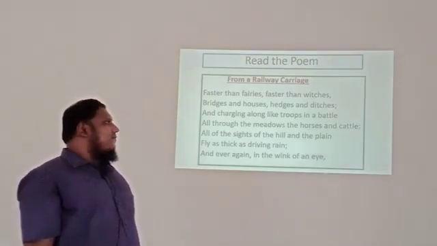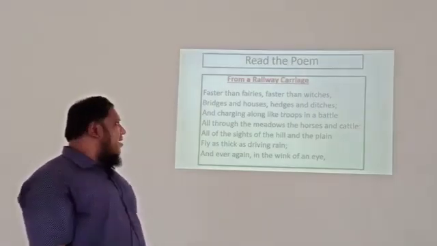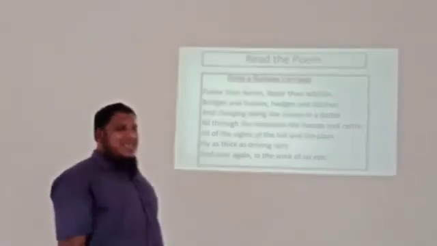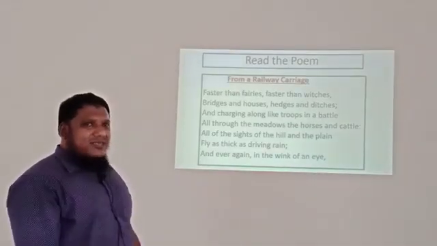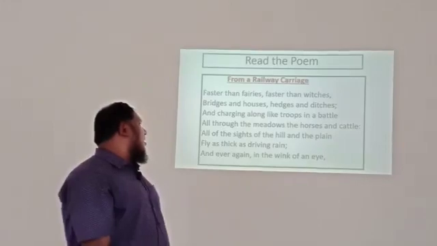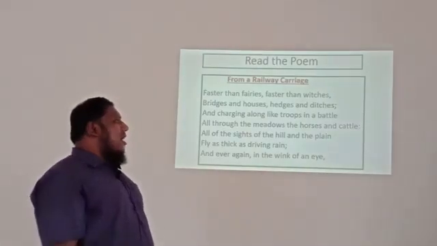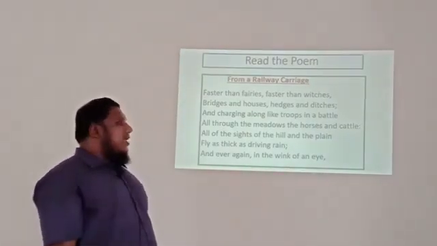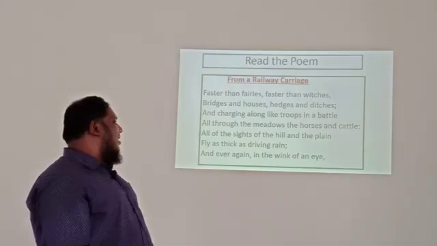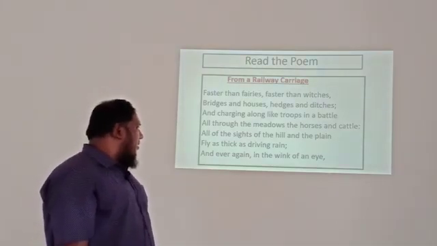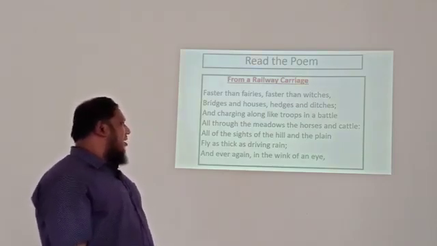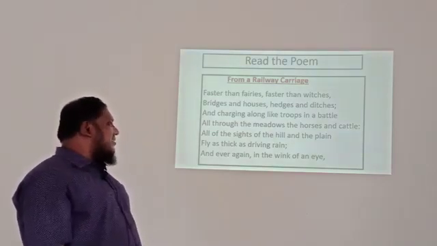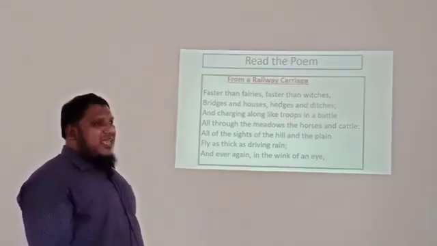Here we find a picture of houses, hedges, ditches, and they look very little because the train is moving too fast. All through the meadows, the horse and cattle, and then the train passes the meadows, all things look small, and all the sides of the hill and plain fly as thick as driving rain.